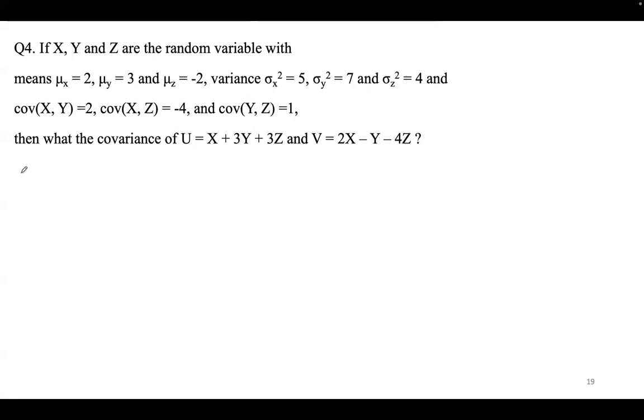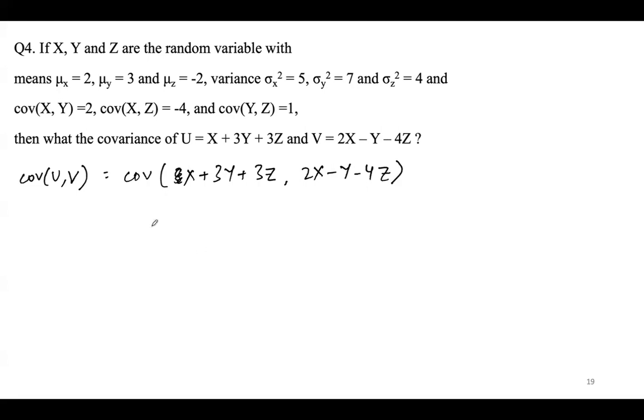Okay. So now we want to calculate the covariance of U and V, which means we want to calculate the covariance of X plus 3Y plus 3Z and 2X minus Y minus 4Z, right?